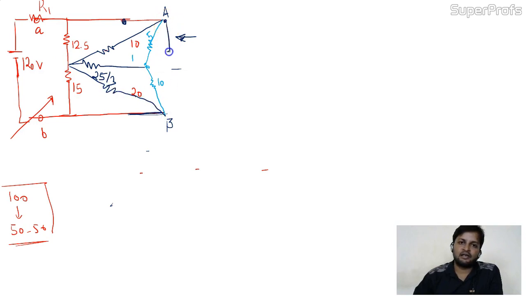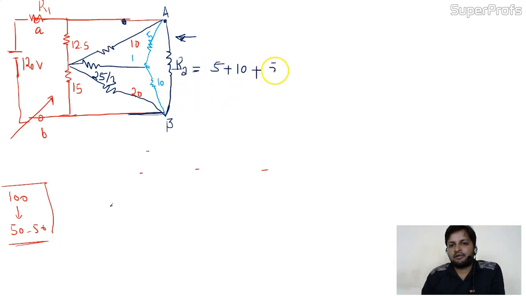This is the delta. Tell me the value of this delta RA. This RA is nothing but 5 plus 10 plus multiplication of both divided by the remaining branch, 25 by 3. The 3 will come here.